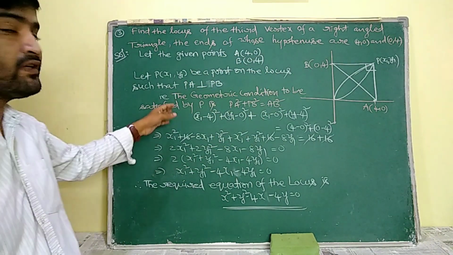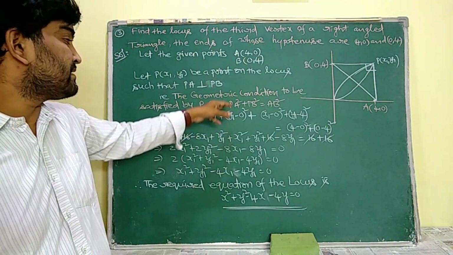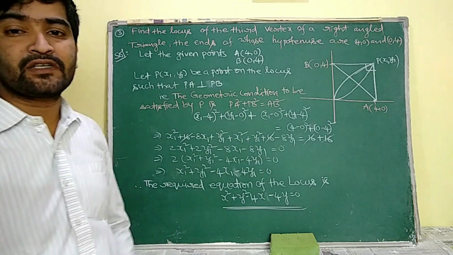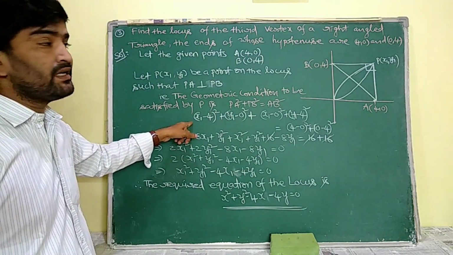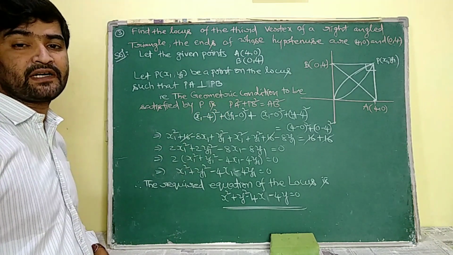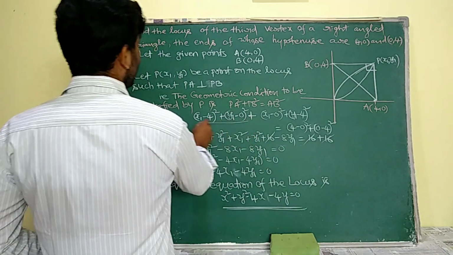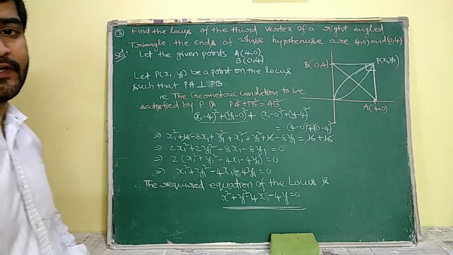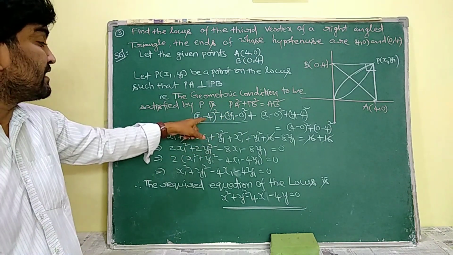Therefore, the geometric condition to be satisfied by the point P is PA square plus PB square is equal to AB square. So now PA square means use the distance formula to convert this geometrical condition to algebraic condition. PA means the distance of P to A.